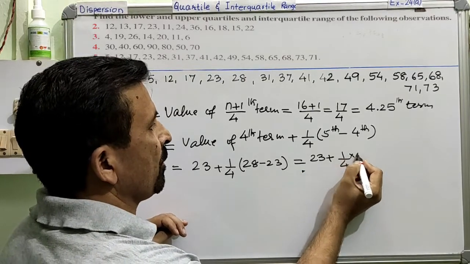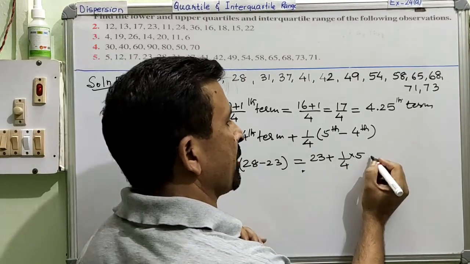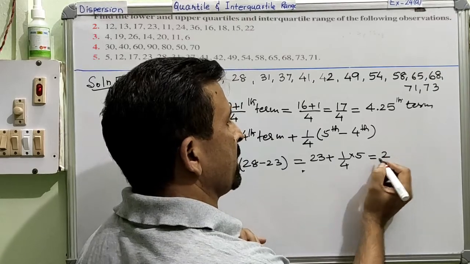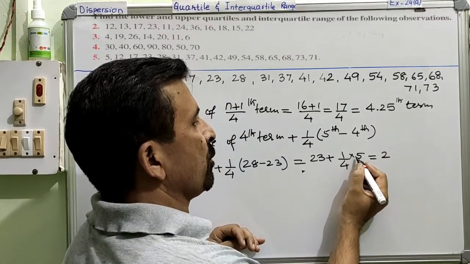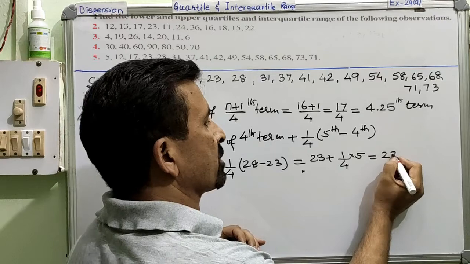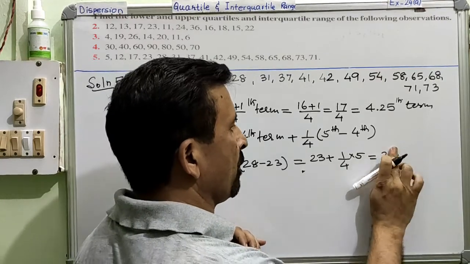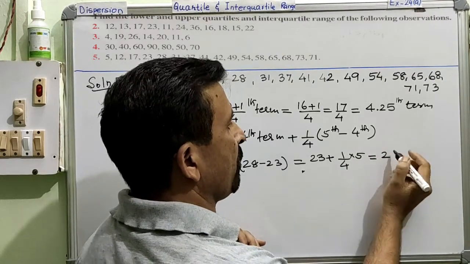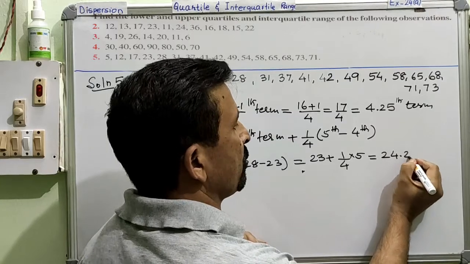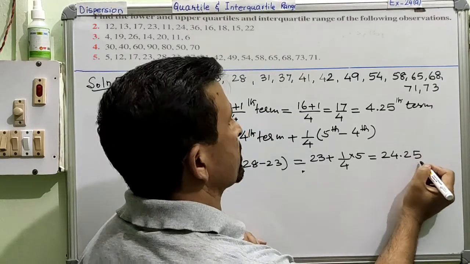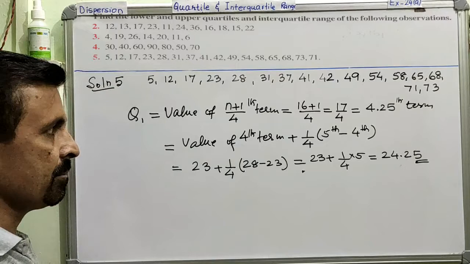Now we can simplify: 1/4 of 5 is 1.25. So 1.25 plus 23 becomes 24.25, and this becomes your Q1.